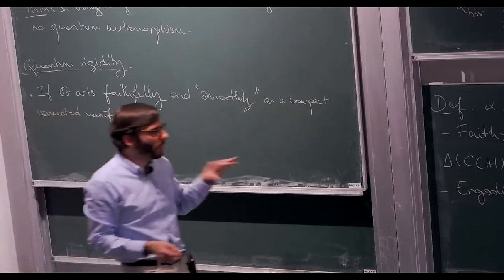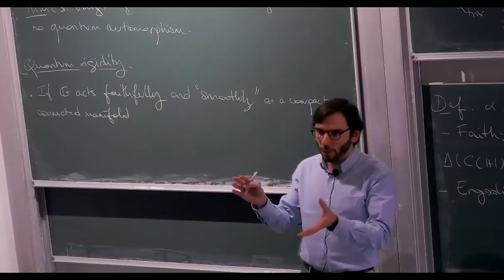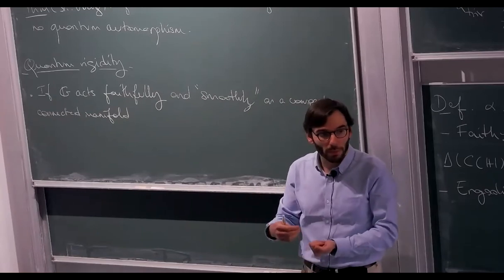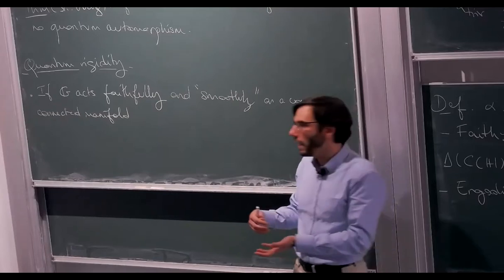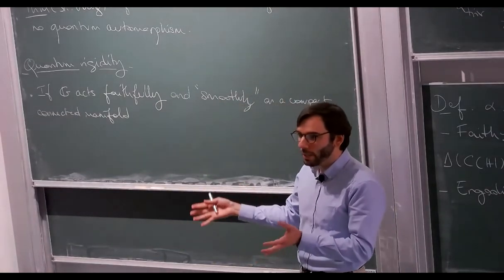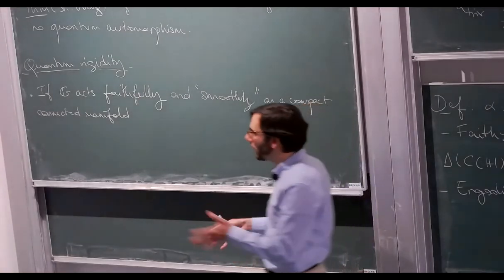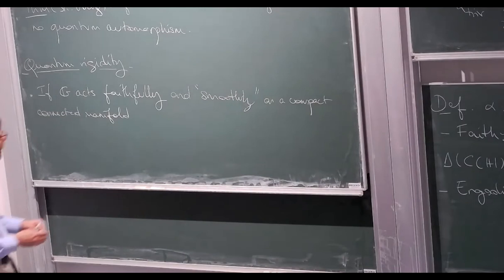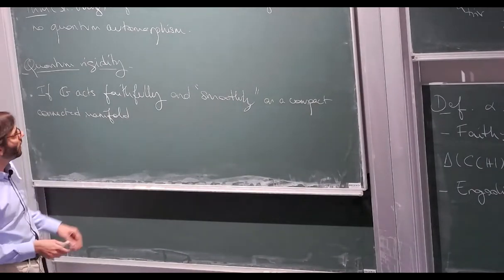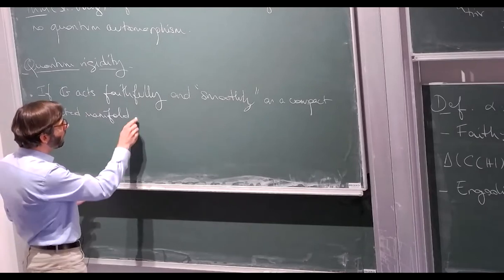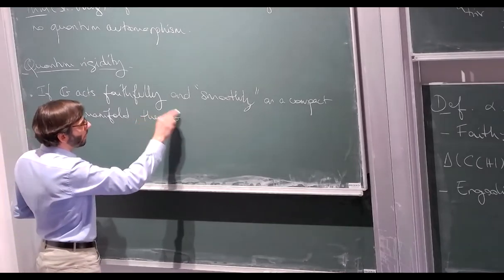I'm not going to give the definition, but basically, when you have a manifold, you have the algebra of continuous functions. And of course, you have the subalgebra of C infinity functions, which is dense. So you want the action to preserve that subalgebra and to satisfy some density conditions with respect to the Fréchet topology on this. Okay. So if it acts smoothly and faithfully on a compact connected manifold, then G is classical.